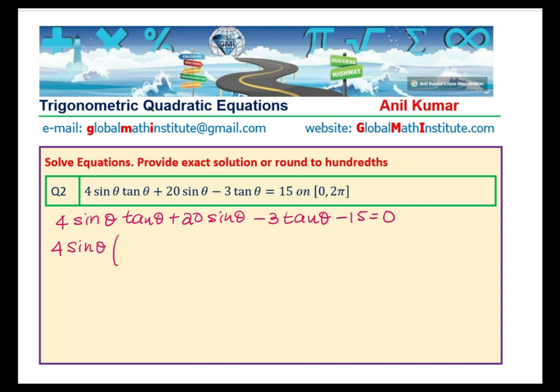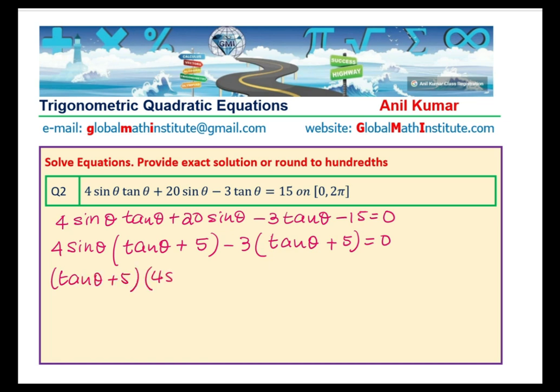We are left with tan theta plus 5, since 20 divided by 4 is 5. Now we can take 3 common. We get tan theta plus 5 equals 0. Now tan theta plus 5 is common, and that gives you 4 sine theta minus 3 equals 0.